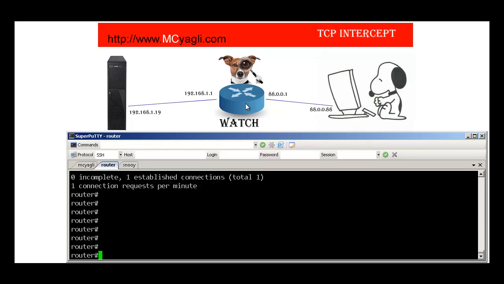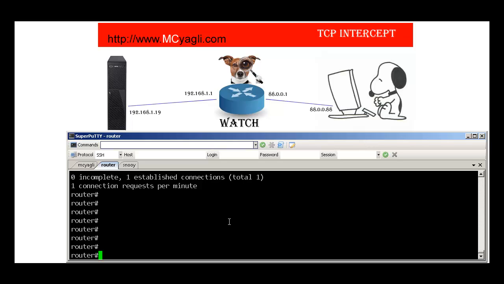In this example, I will also configure an ACL, which will cause the TCP connection to fail. Snoopy will be sending a SYN message to the server, and I will place an ACL here, which will block the response. And this dog here, which is watching the process, will be doing what? Let's see.